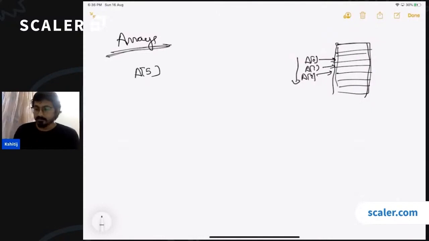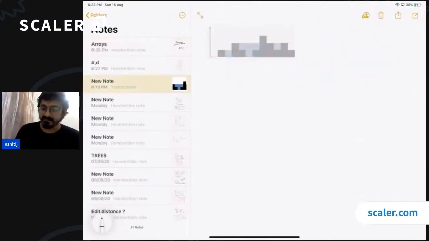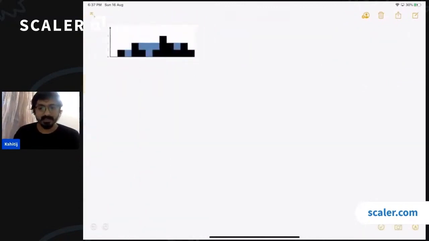Okay, cool. So let us start this session with a very interesting problem, and this problem was asked in Amazon. This has been asked in Facebook. This has been asked in Google. Okay, the problem says that you are given an array, and in this array you are having heights of some buildings.